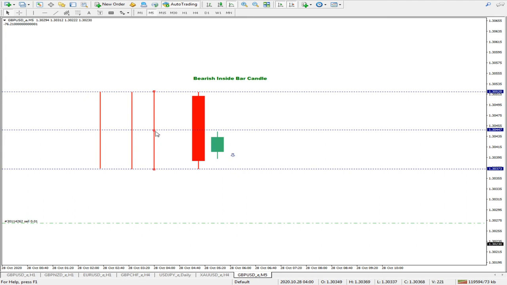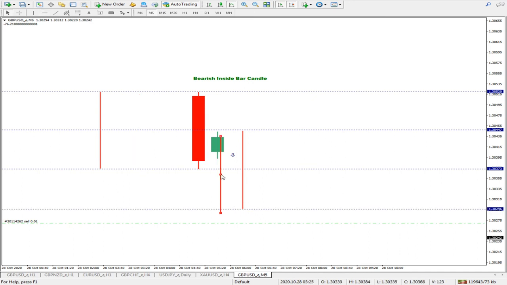Then the next take profit is based on the size of the previous one. If you sell at this price, expect price to break below this level. That's the first place it needs to reach. Then you take maybe a portion of your lot size, you step out, and you leave the rest for the next take profit, which is here.